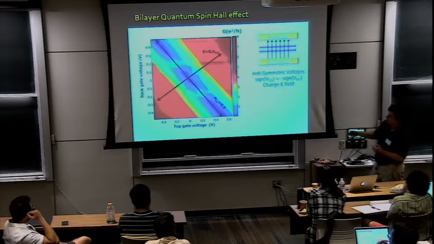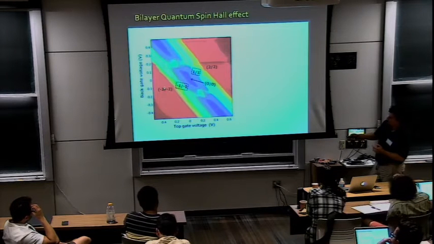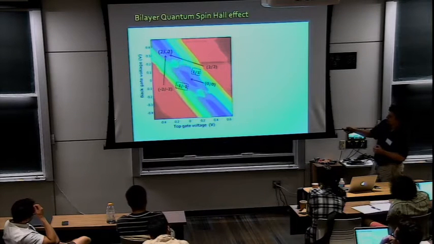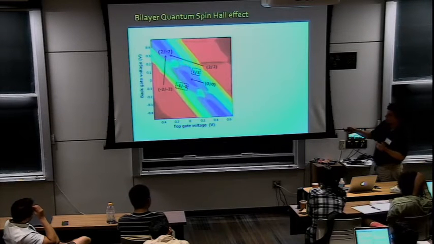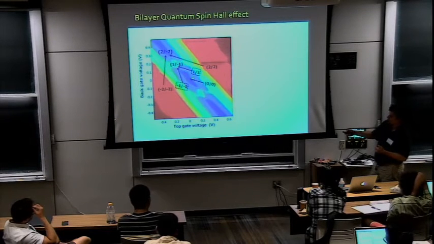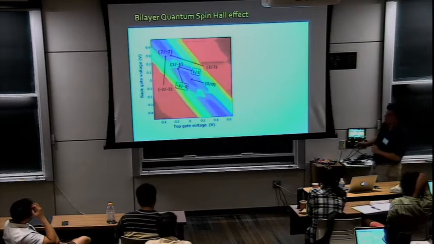Here we're keeping total filling factor 0 and we vary the electric field. So here I have -2, -2, -1, -1, 0, 0, 1, 1, 2, 2. If I move in this direction, I have 2, -2. So I have total filling factor 0, but in one layer 2, in the other layer -2. Here I have 1, -1, here 0, 0, and the same thing here. That's how you should see this map.